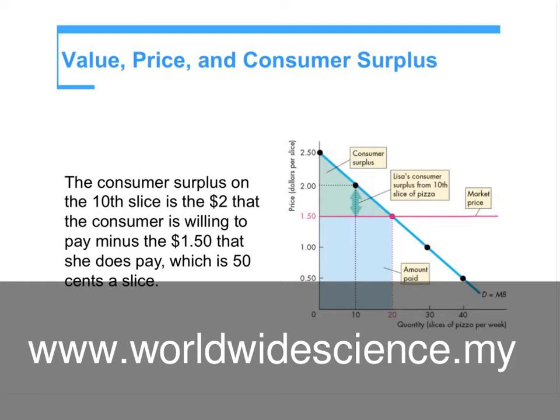So because the market price is set at $1.50, at the 10th pizza the consumer has a surplus of 50 cents. You see? Okay.